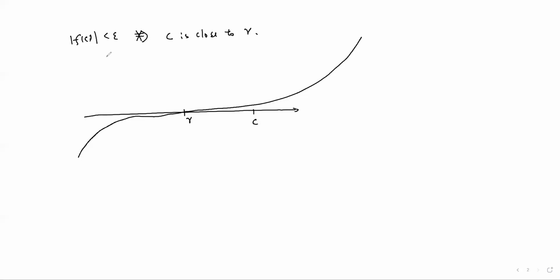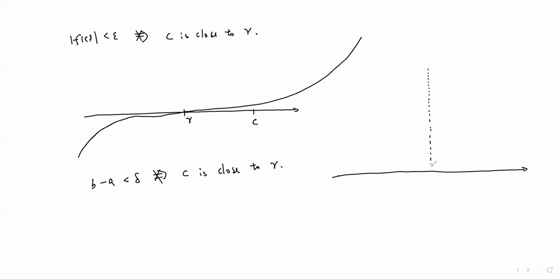Okay. Now the second case. B minus A, the length of the interval, is small. This also doesn't imply that the midpoint is close to the root. Let me show you one diagram, this diagram here. The function has this vertical line as a vertical asymptote.